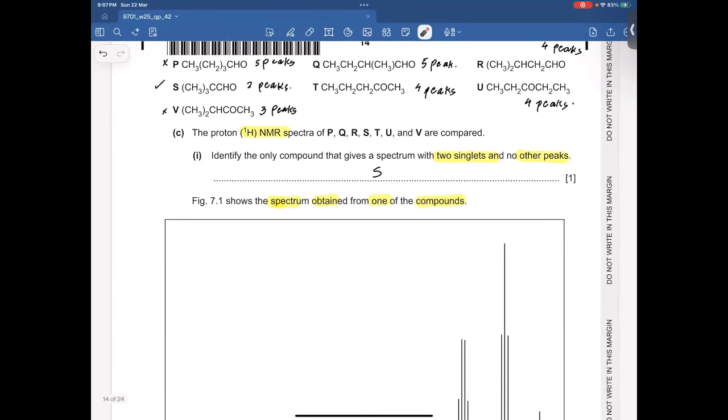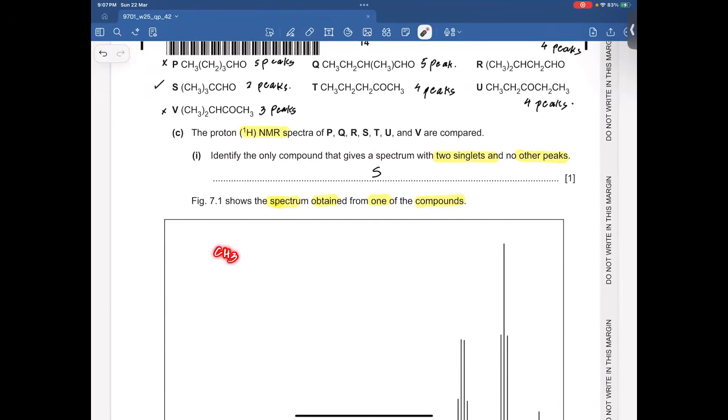My goodness, let me read one by one. CH3, CH2, CH2, CH2, and this is going to be COH. When I apply the n plus 1 rule, this will give you a triplet. This will give you a quadruplet.